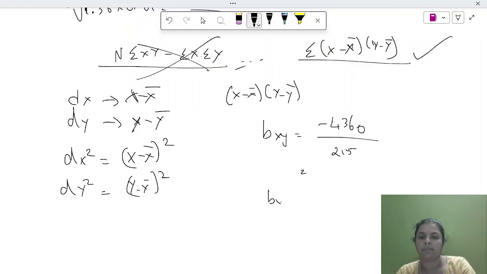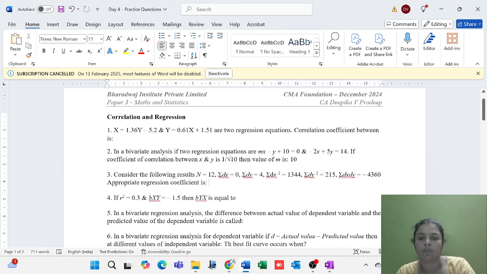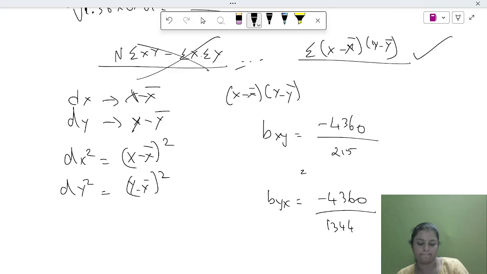Okay, and byx will be minus 4360 divided by 1344. Okay, so these are the workings.